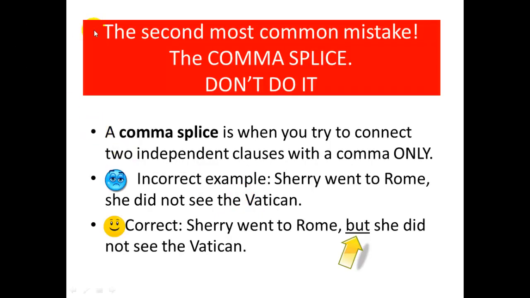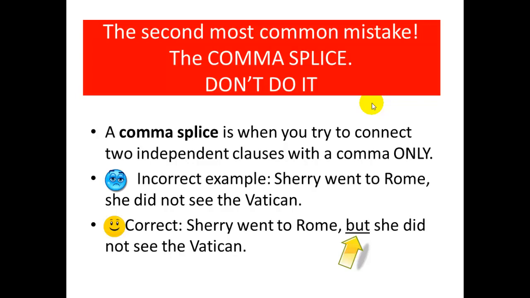Okay, now, in my experience, the second most common mistake students make when they're writing English is to do something called the comma splice. A comma splice happens when you use the comma, but you don't add the conjunction that you need to go with it. We call this a comma splice.